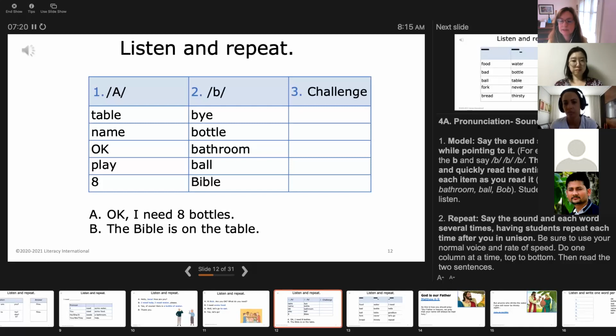Another sound that gets confused with the B sound is the V, like Victor. And so I will show with my mouth that B is with 2 lips, and V is with my teeth touching my lower lip.